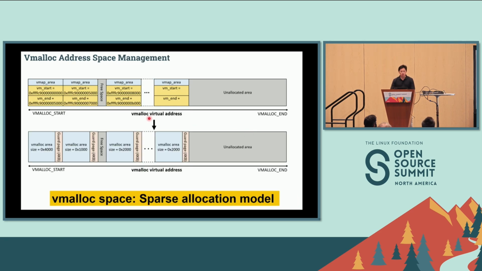This slide shows how Vmalloc tracks its address space by using the vmap area structures. Each vmap structure indicates an allocated or an unallocated area. Essentially, Vmalloc is a sparse allocation model.